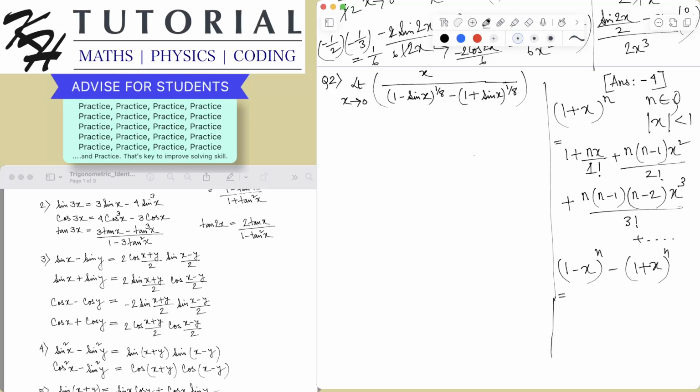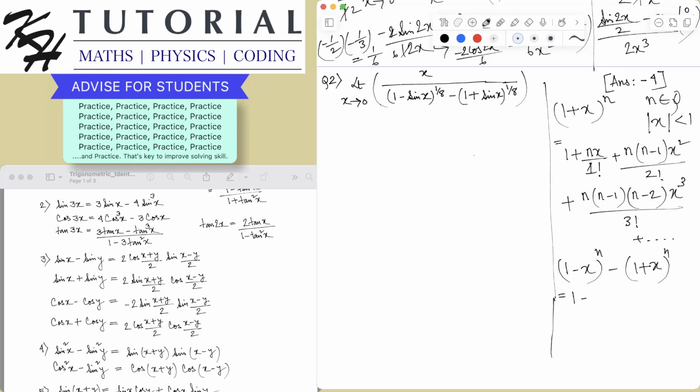Remember, in the expansion series of (1 plus x) whole to the power n, you can also find the result of (1 minus x) whole to the power n if you replace x with minus x.